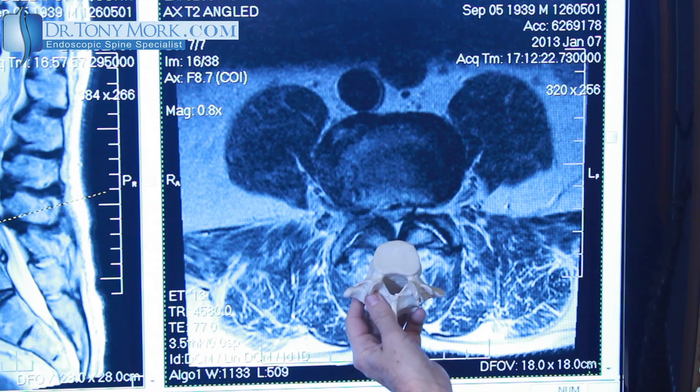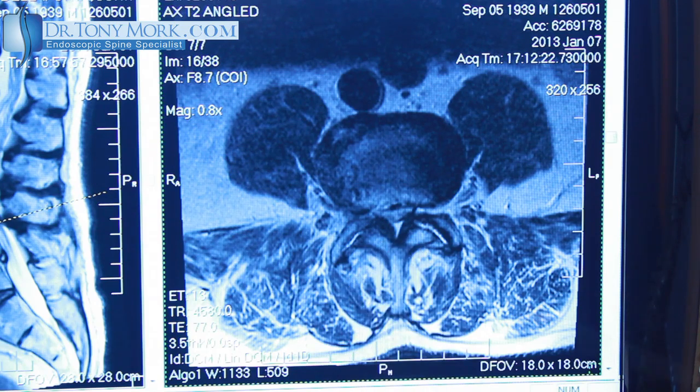Let's take a look at the axial slices and see what happens in this particular situation. Remember, we're looking at the axial slice, so we're looking down the spinal canal here. In this case, we've got the vertebral body and disc, and the very arthritic and overgrown facet joints. The white is a little bit of fluid left over, much worse on the right side here than the left.